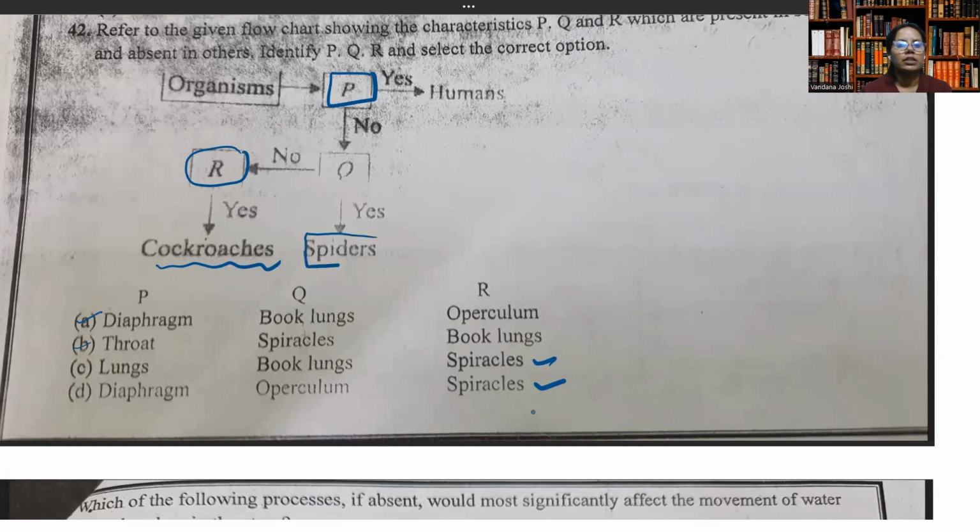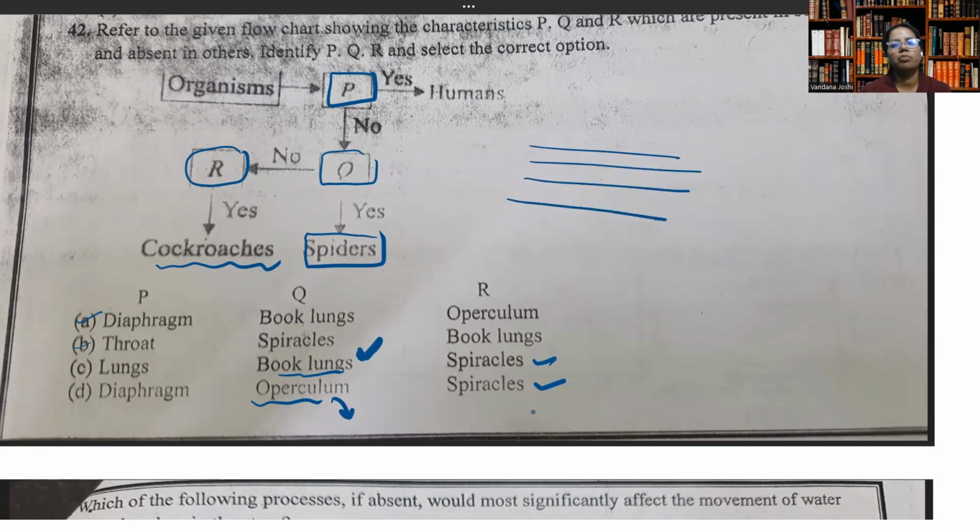Looking at spiders. Spiders contain Q. Q can be operculum or book lungs. Operculum is a tiny covering, like a layer of covering, which is mostly in insects but not in spiders. Book lungs are present in spiders. These are basically layers like pages of books, and these are richly diffused with blood.